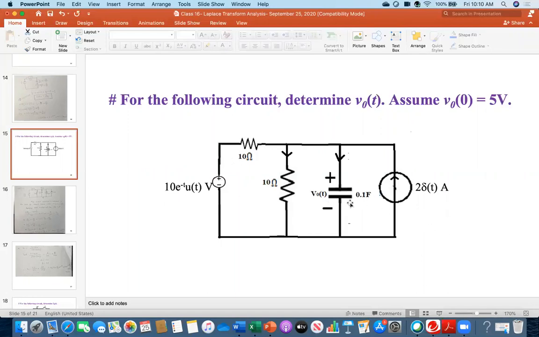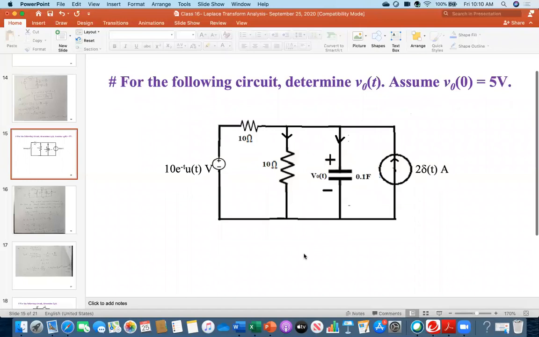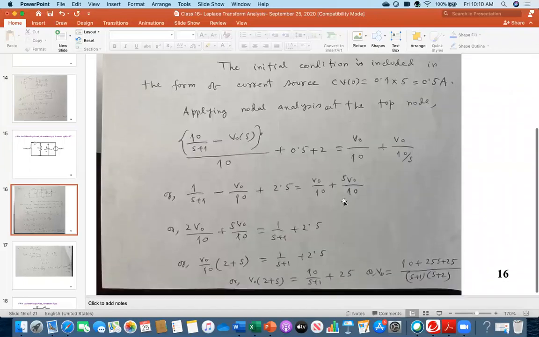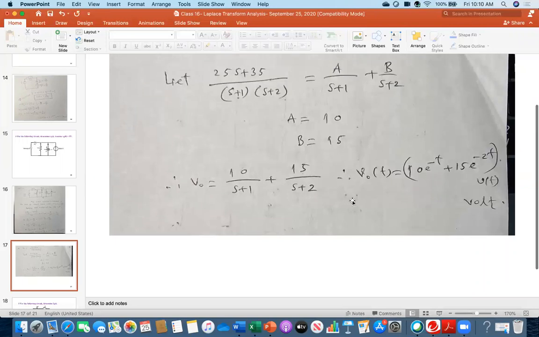You have to convert source, inductance, capacitance into the appropriate Laplace form. Then you see what the problem is, and you just apply the normal rules that you already know. Once you get a good format, then you see how you can get back into the time domain. Think about how you will apply the inverse transform technique. That's all.